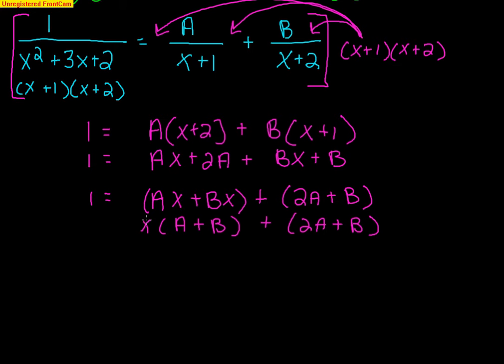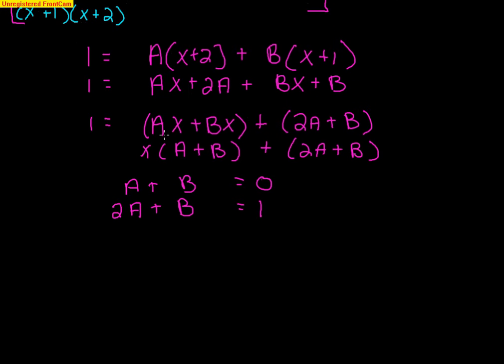So there's no like term with the x on the left-hand side. So what we do is we set a plus b equal to 0, and now we can set 2a plus b equal to 1, since the 1 is a like term with 2a plus b.